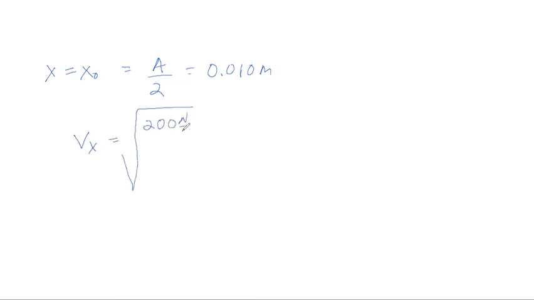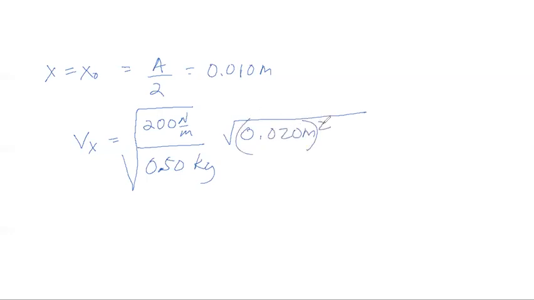All right, the halfway point from x to x naught is going to be equal to A over 2. So x equals 0.010 meter. So we have v sub x at the halfway point equals the square root of 200 newtons per meter divided by 0.50 kilograms times the square root of 0.020 meters squared minus 0.010 meter squared.